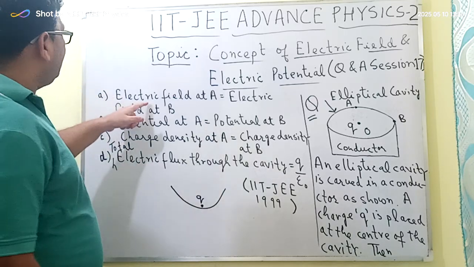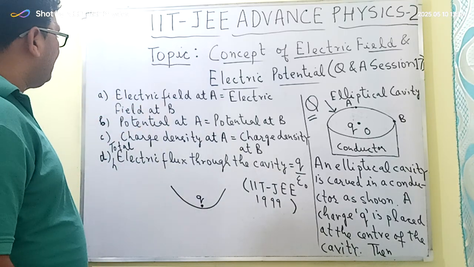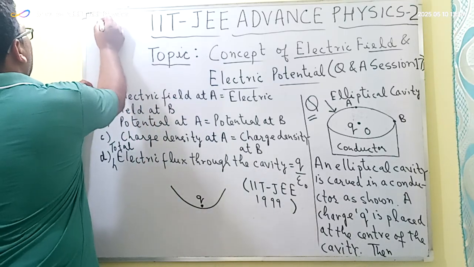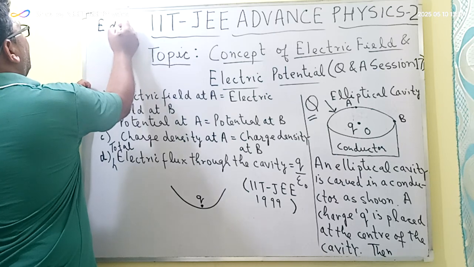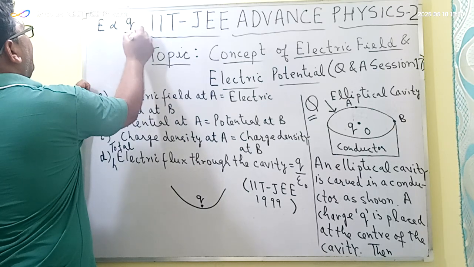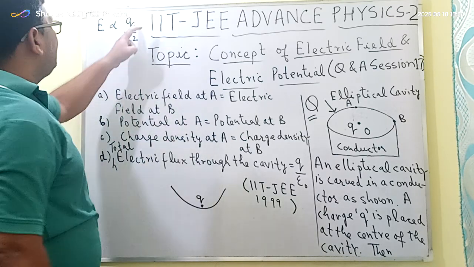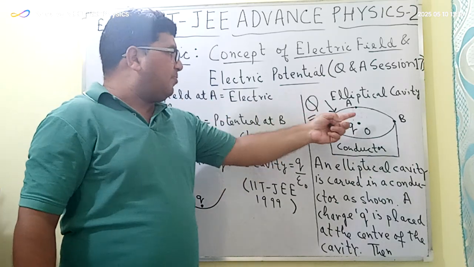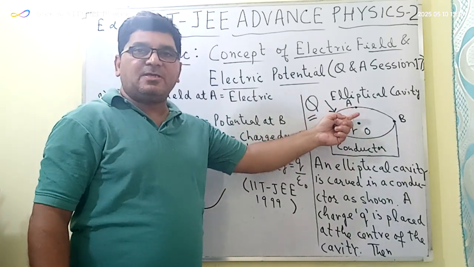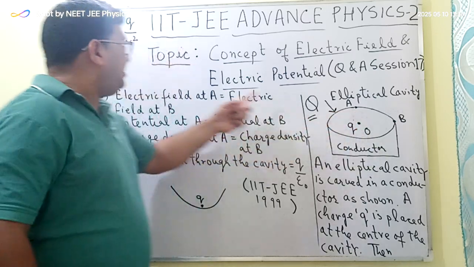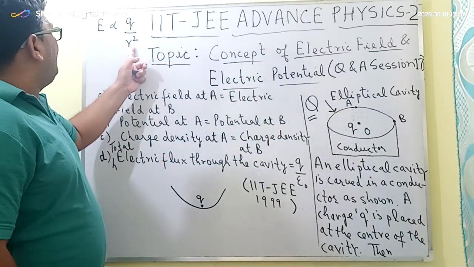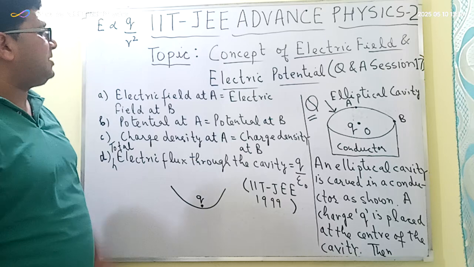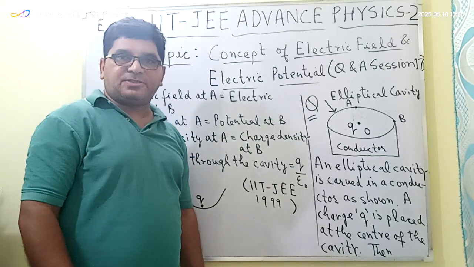So the first option here is that the electric field at A is equal to the electric field at B. Now we know that the electric field is directly proportional to Q upon R square, where Q is the magnitude of the charge and R is the distance between the point at which we have to find the electric field intensity and the point at which this charge Q is placed.